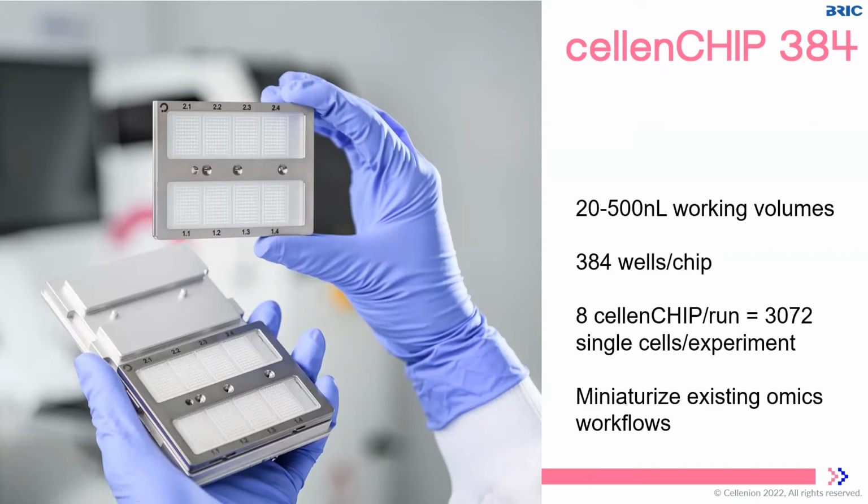This allows us to miniaturize our workflow, reduce costs, and improve sensitivity. Working volume in those is between 20 and 500 nanoliter. Here you can see we have also developed a range of holders that allow us to place those in our device, in a centrifuge, and so on.